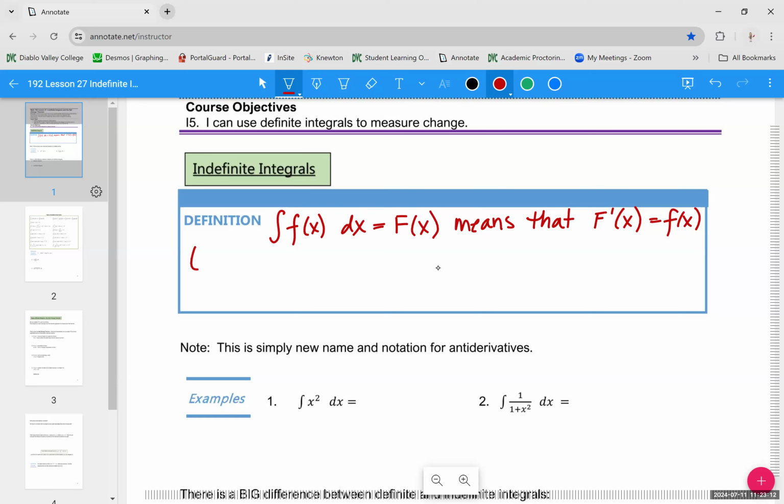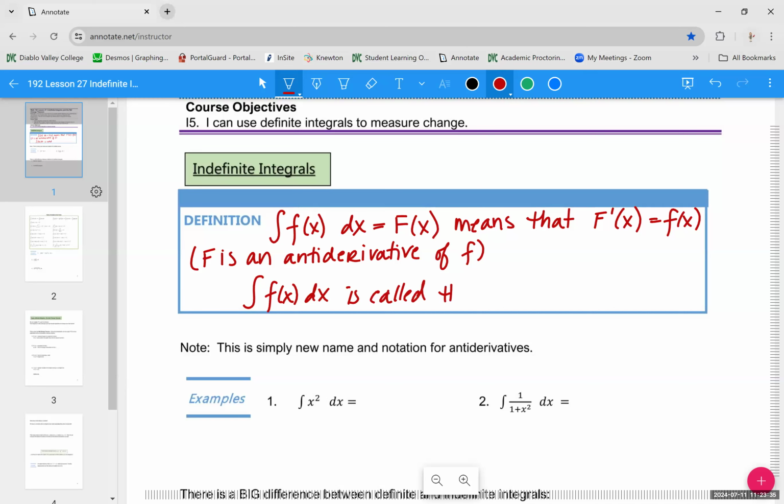So in other words, big F is an antiderivative, right, of little f. And this integral of f of x dx without the a and the b is called the indefinite integral of f.